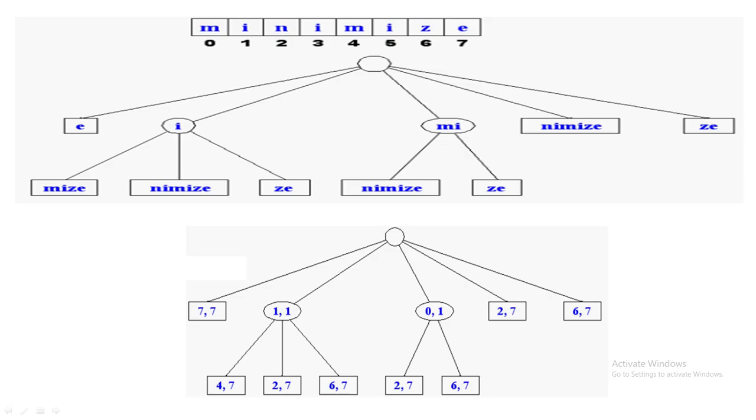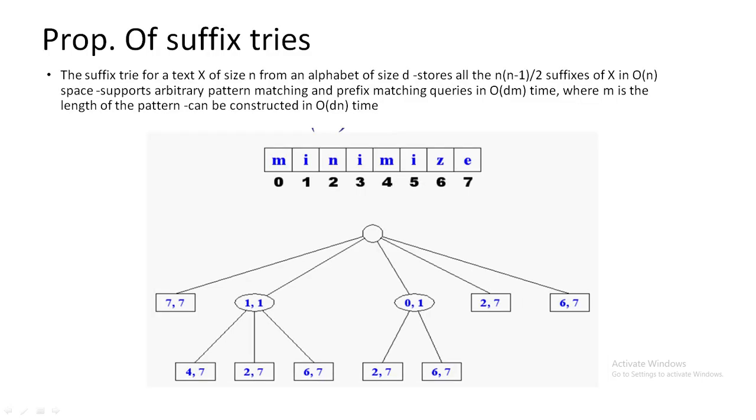E is a different one, but for the I we have mice, nemise. Nemise can also be included, and the ZE. In the mice also we have ZE, and nemise and ZE. These are all separate characters. Everything is represented. E is the last one, that's why 7 comma 7. But for mice the starting index is 4 and the ending index is 7.